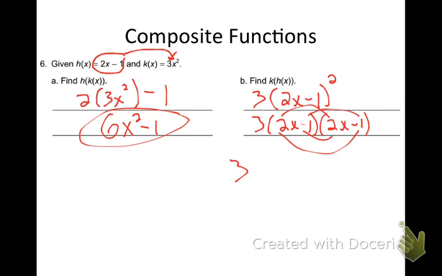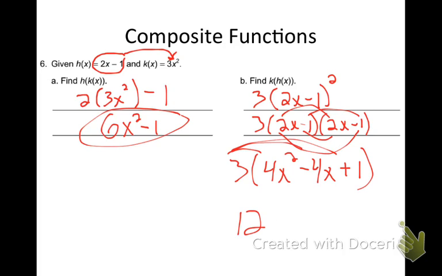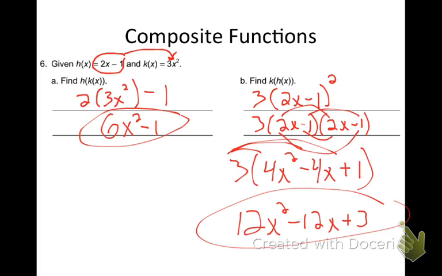When I FOIL, I get 3 parentheses 4x squared minus 4x plus 1. And then lastly, I would need to distribute the 3, giving me 12x squared minus 12x plus 3.